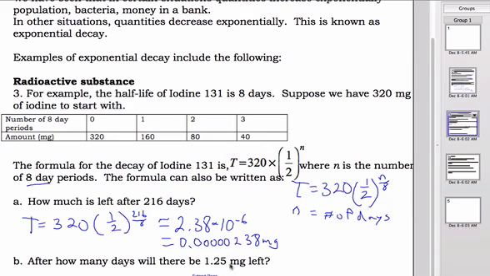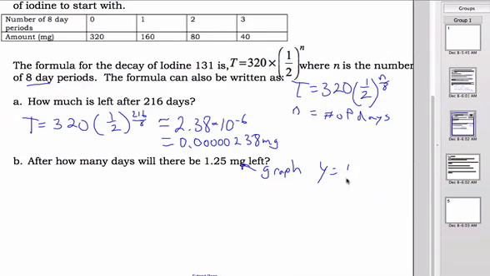After how many days will there be 1.25 milligrams left? So to do that, we could use a table. If we want to get the most exact answer, we're going to graph y equals 1.25 and then find the intersection using GDC.